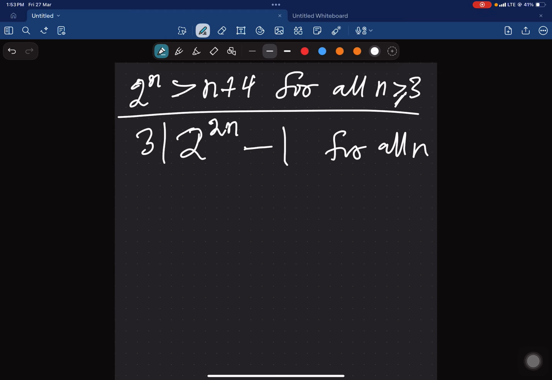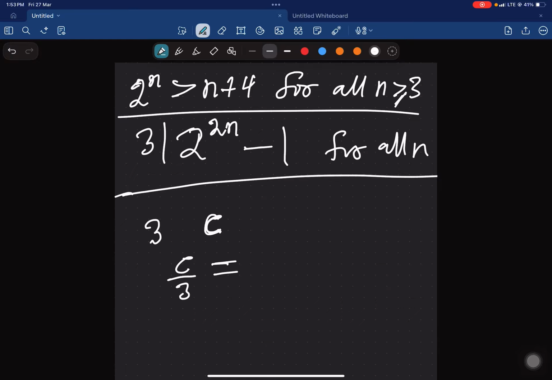Now, if they say 3 divides a particular number, let's look at this before we come back to the question. If we say 3 is able to divide a particular number, let's call it C, it means that C over 3 gives us an integer, or a whole number. So that's what it means if we say 3 divides a particular number.